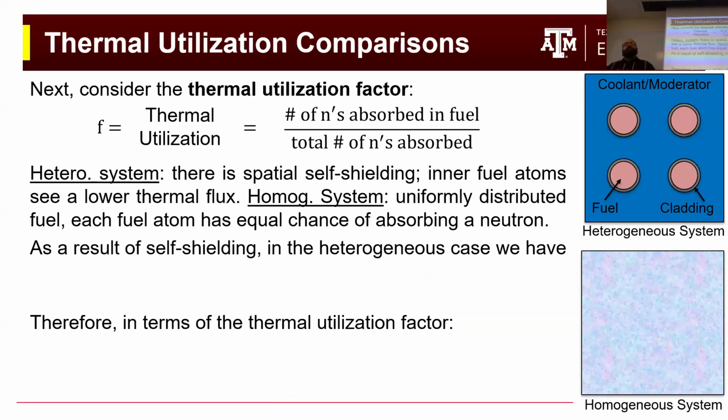The next one is thermal utilization. We can think of that as the total number of neutrons absorbed in the fuel divided by the total number of neutrons absorbed in general. For a heterogeneous system, the main difference is that there's going to be spatial self-shielding.